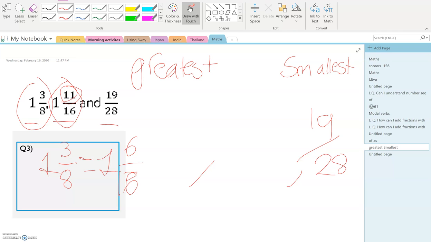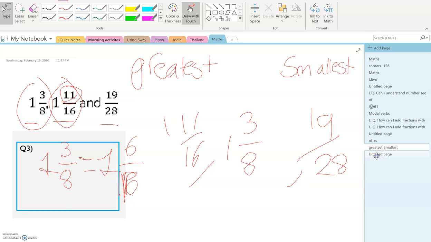So actually 1 6/16 is going to be smaller than 1 11/16. So therefore the greatest one we have here is 1 11/16 and 1 3/8, which is also equivalent to 1 6/16. So can't really see my 1 there.